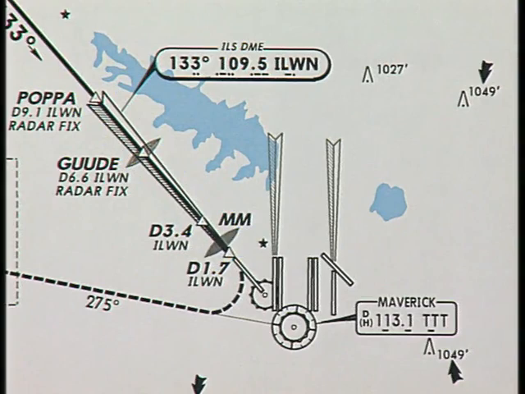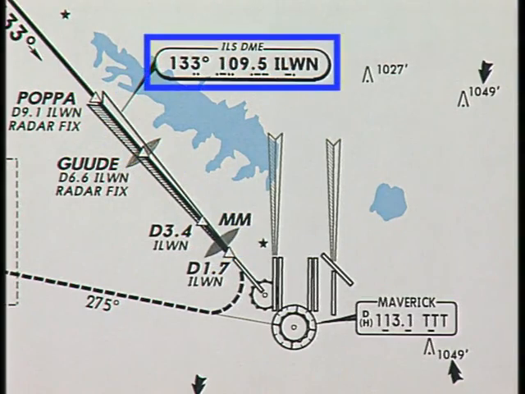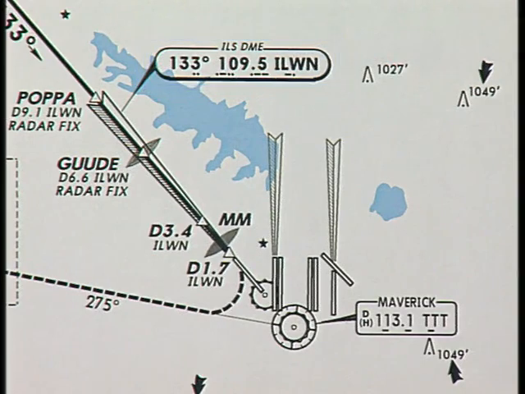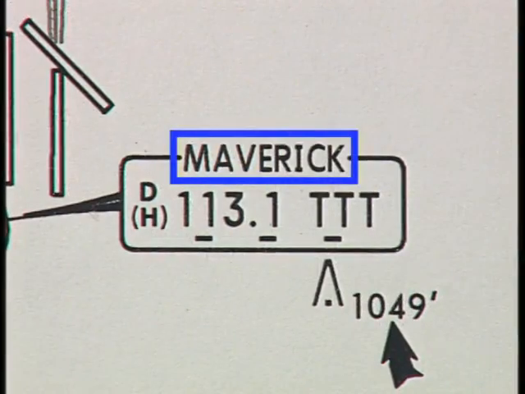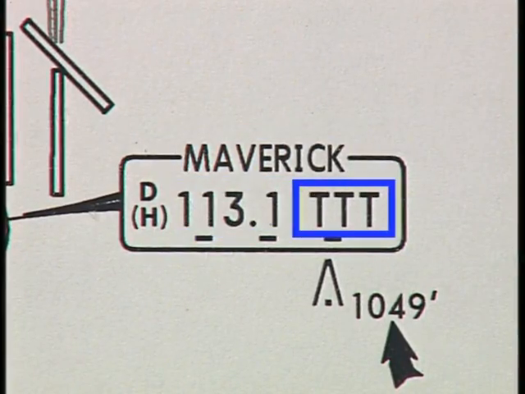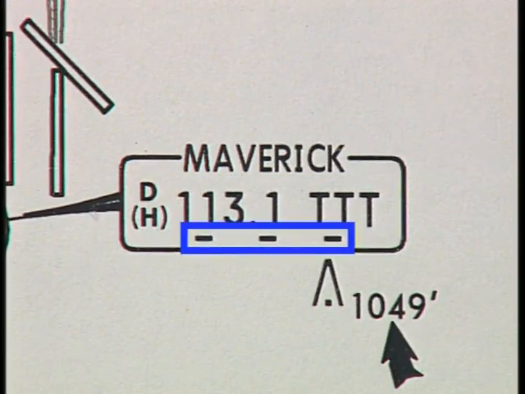The primary navigational aid information is shown in bold type enclosed in a shadowed box. The information boxes for other facilities depicted in the plan view are not shadowed. Each information box contains the facility name, frequency, letter identifier, and Morse code identifier.